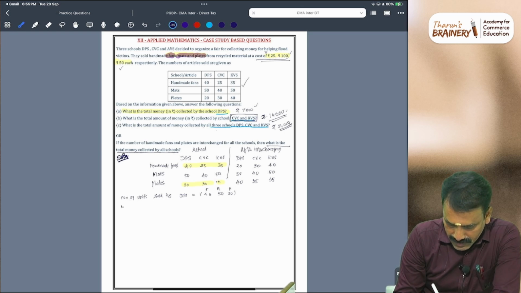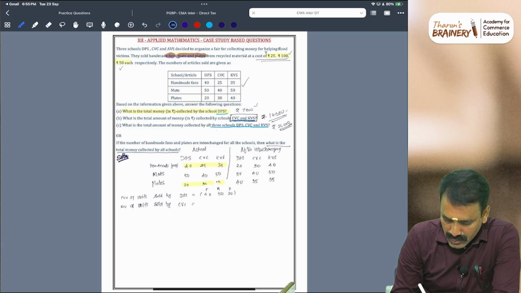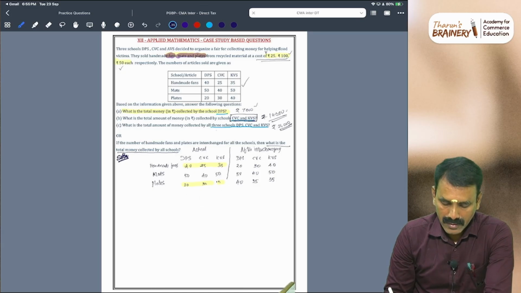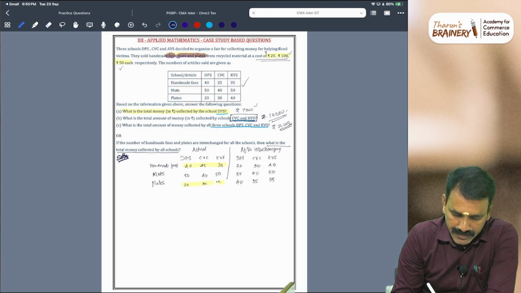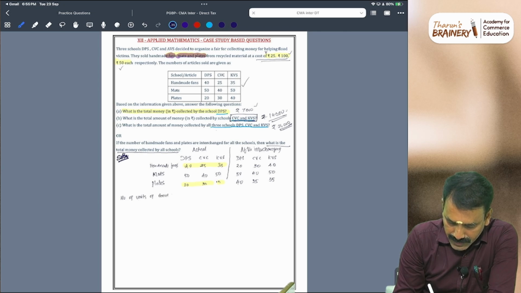And in the same way, the number of units sold by CVC, the second school. Now we are going to write the given data in the row matrix. The number of units of handmade products sold by the first school, DPS.